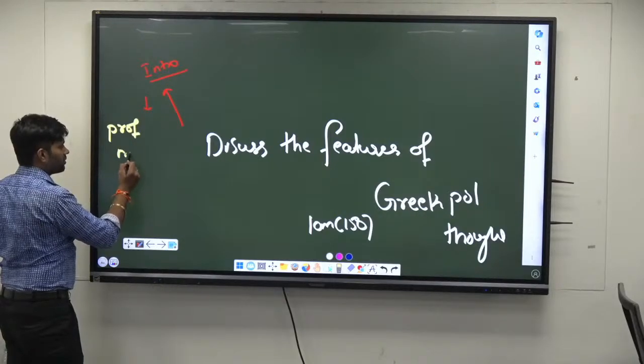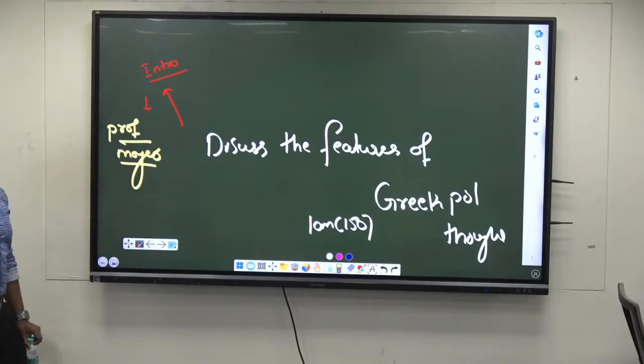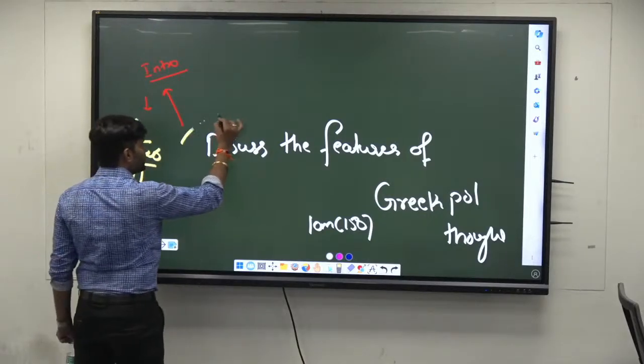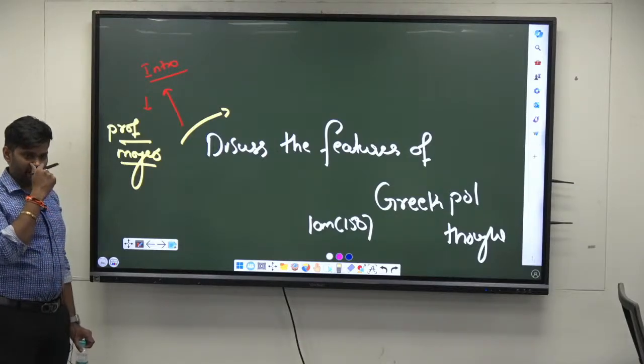You can write about Professor Moyer's statement. You can start with Professor Moyer. Or the other alternative is that you can write that the whole Western political thought is nothing but footnotes of Plato and Aristotle.